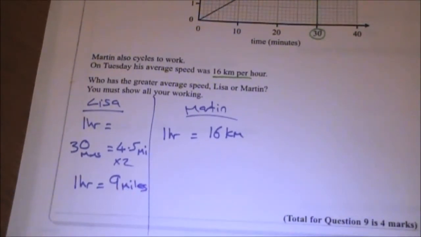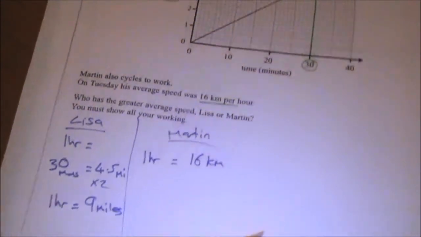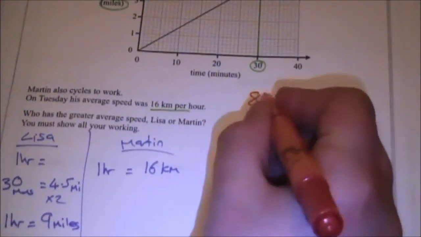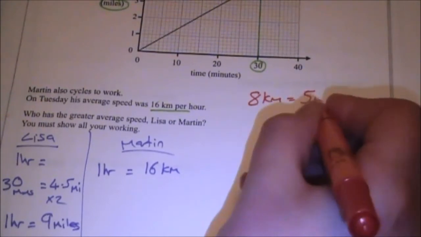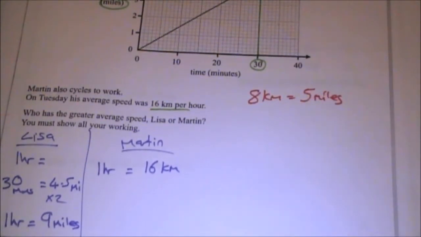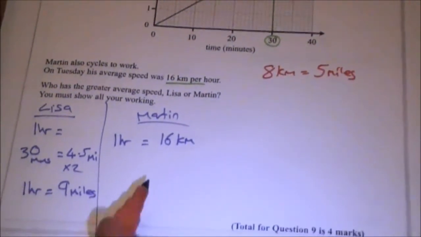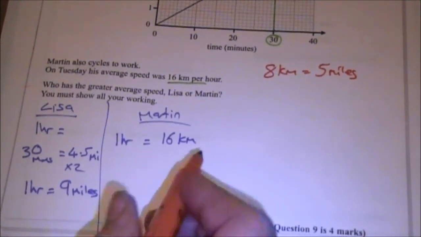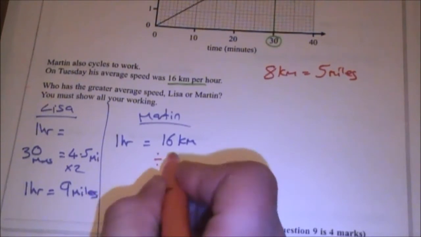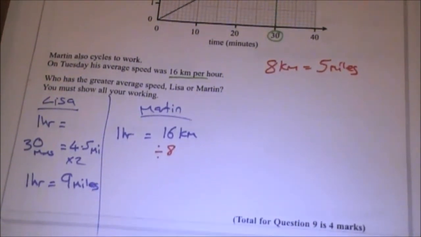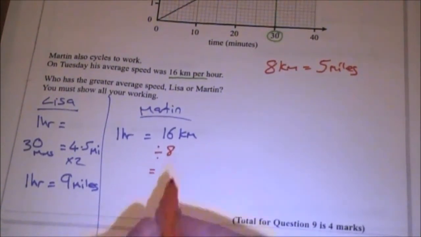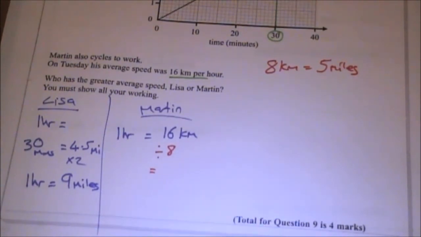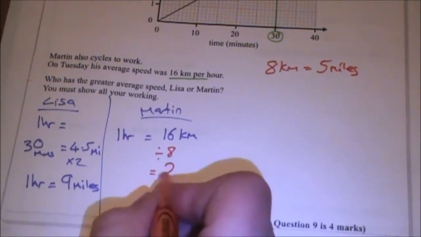9 miles. Let's now convert Martin's kilometres to miles. Now the rule is 8 kilometres is 5 miles. So if it's 16 kilometres, what I can do is bring that down by dividing it by 8. That tells me how many lots of 8 kilometres there are in 16, and that is 2.